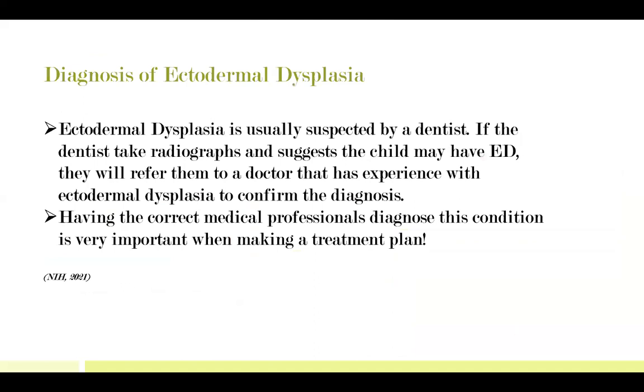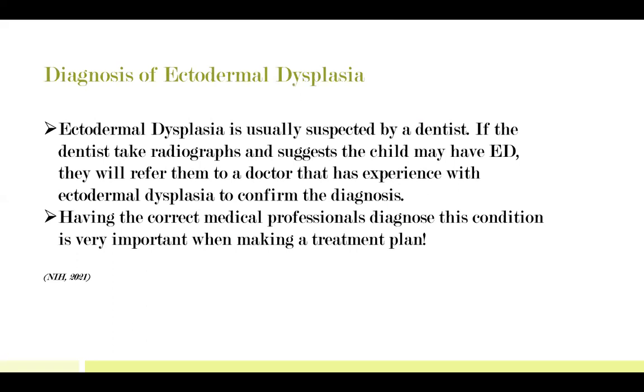The diagnosis of ectodermal dysplasia is usually suspected by a dentist. They might suspect this by looking at the teeth clinically, with pointed or globe-shaped, smaller than normal teeth, or anything abnormally positioned, or if there's a high risk of cavities.